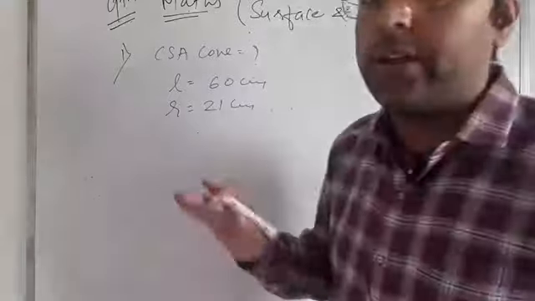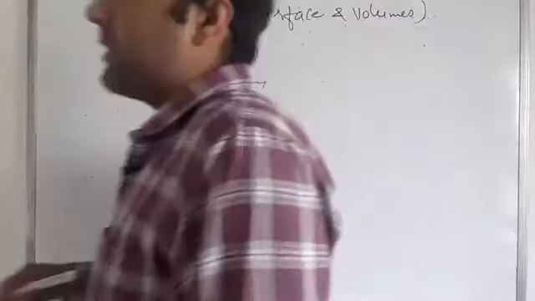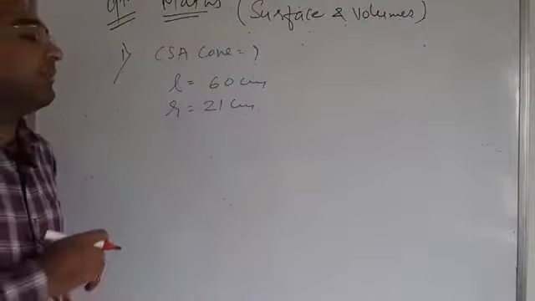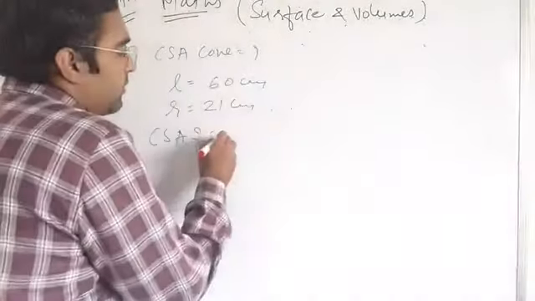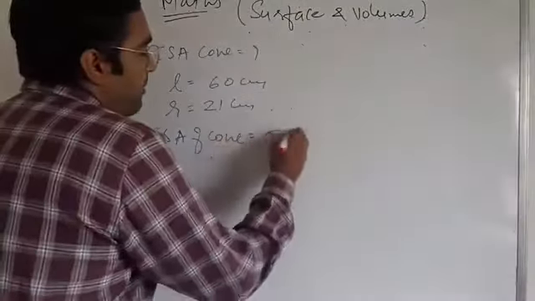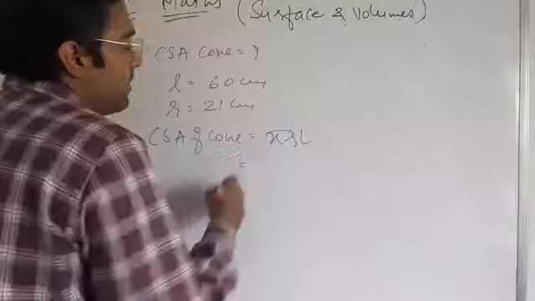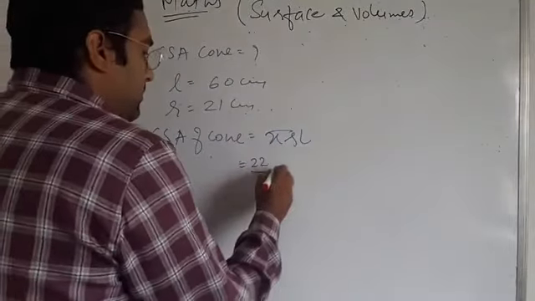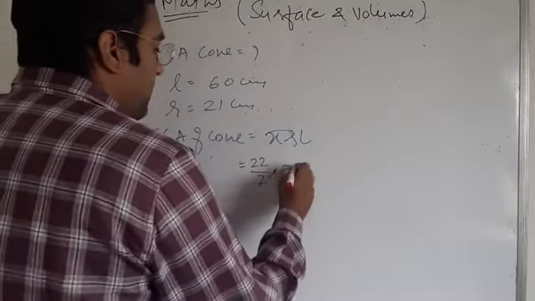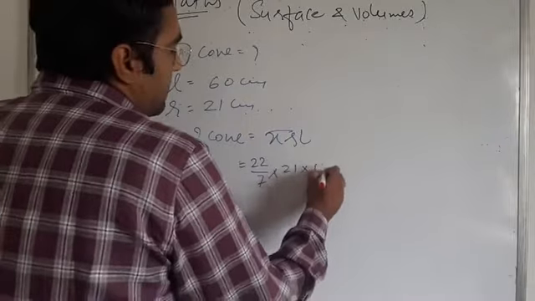Pi into r into L. So let's put the values in the formula. Curved surface area of cone is equal to pi r L. My value of pi is 22/7, radius is 21 and slant height is 60.